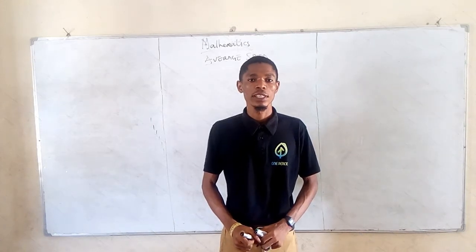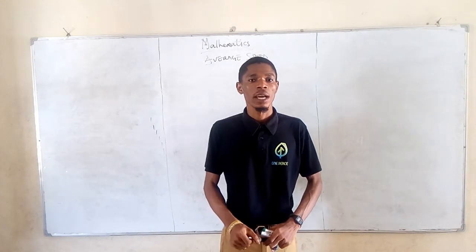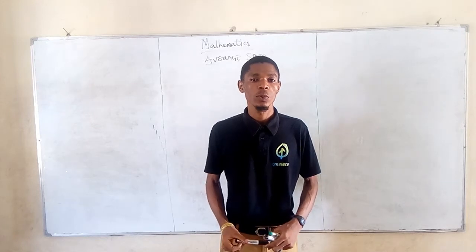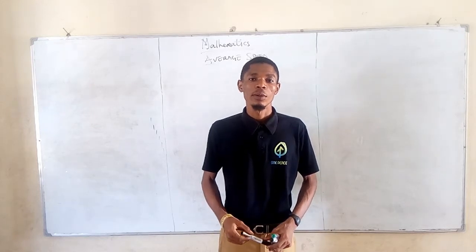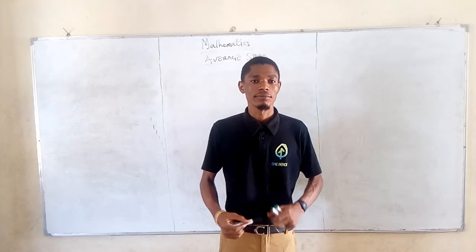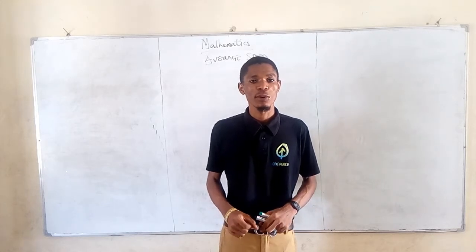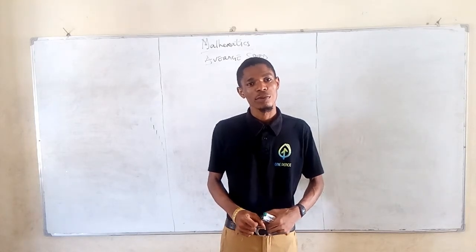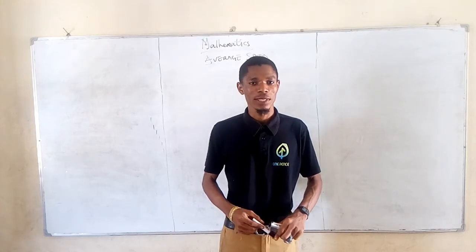Today we'll be treating average speed. Probably we've done this before, but today I'd like to give us a quick review and some brief examples so we refresh our minds and our memory once again.